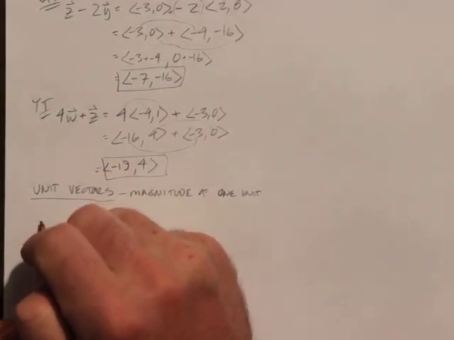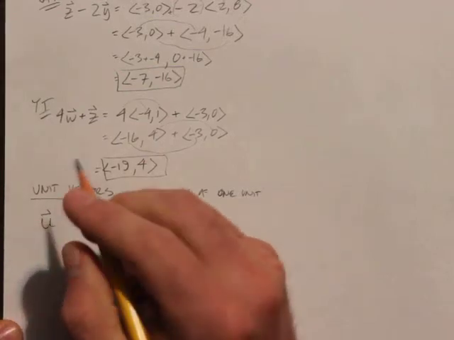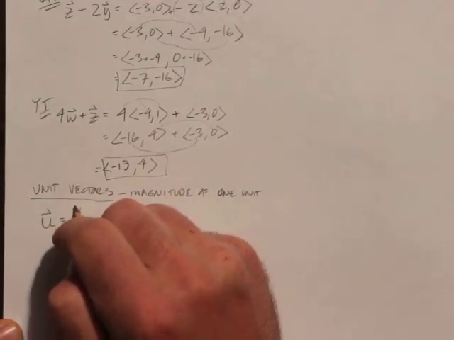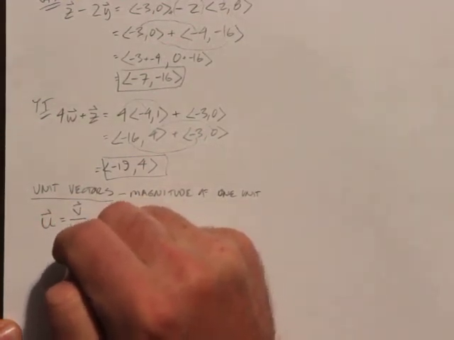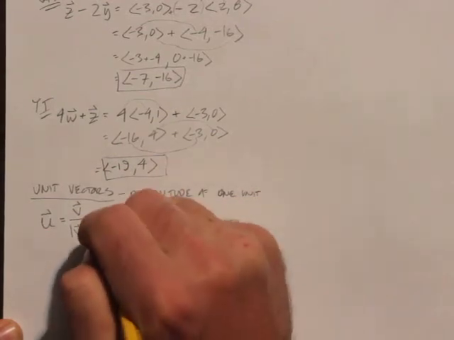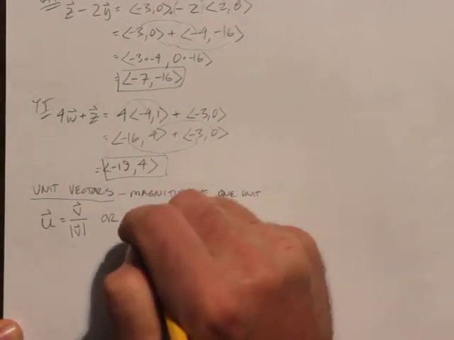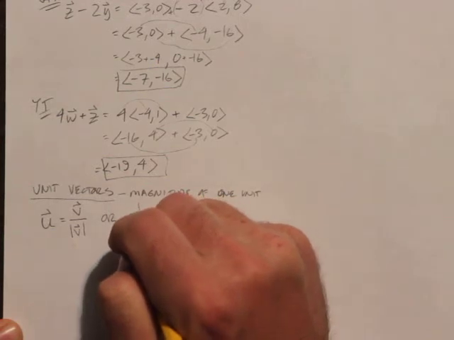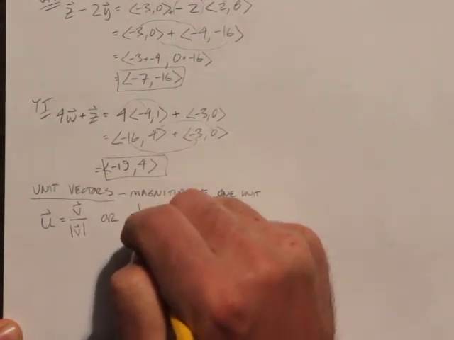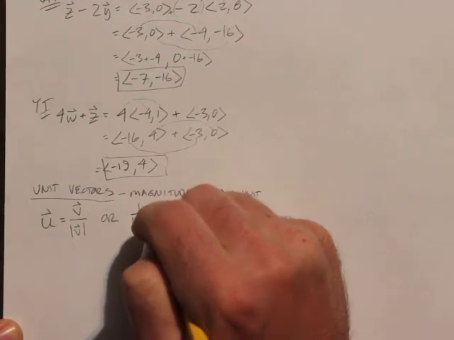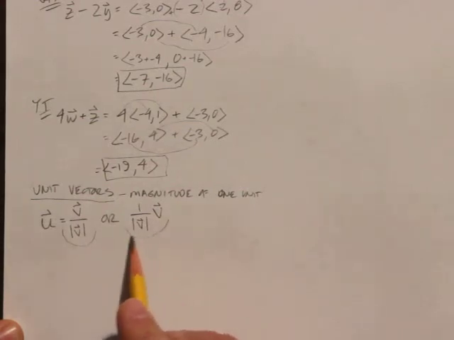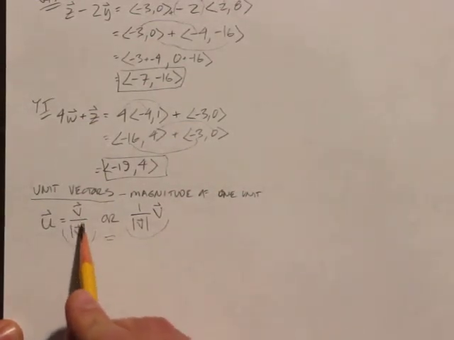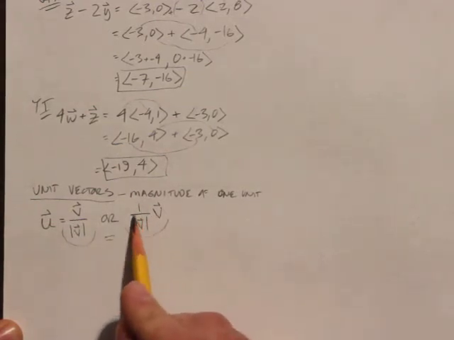So we're going to say vector u equals vector v over the absolute value of vector v, or 1 over the absolute value of vector v times vector v. Right, this expression here and this expression here, these are equivalent. This fraction is the same as this fraction. You're multiplying this, so this would end up here in the numerator anyways.